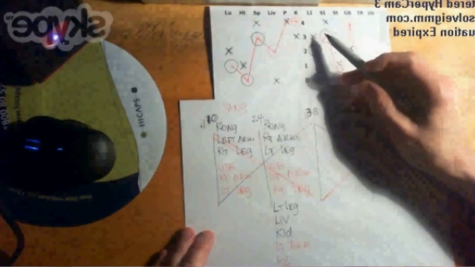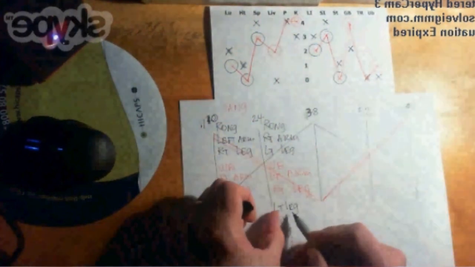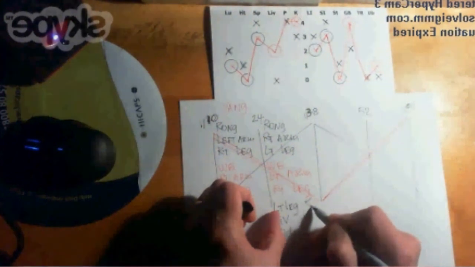Here also what we can use, again, it's not necessary, but just as an example. So we have the yang meridians. Which meridians can we use here, which are deficient? Large intestine. Okay, yes, so if we use the left leg, we will use the right arm, isn't it?